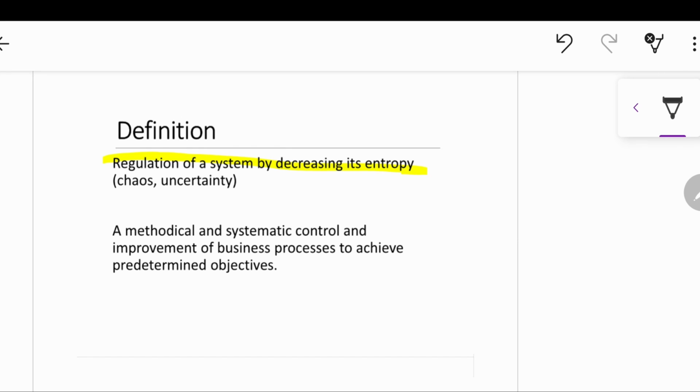Management is a regulation of a system by decreasing its entropy, or decreasing the chaos. Basically, with managing something, you need to take control of it and reduce the chaotic potential that it could be, so you need to take control of the team, and that's what a manager does.